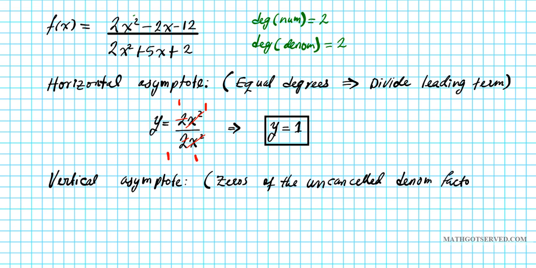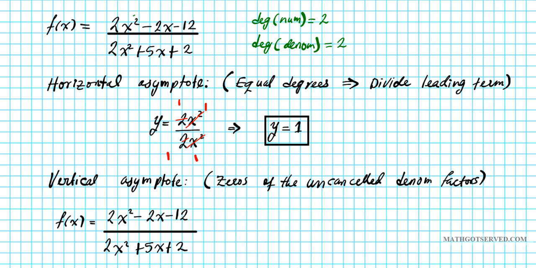Now, how do we know what cancels out and what's uncancelled in this polynomial function? To determine that, we have to factor the numerator and the denominator polynomials, and then we can easily see the common factors, cancel them, and extract the uncancelled ones in the denominator to find your vertical asymptote.